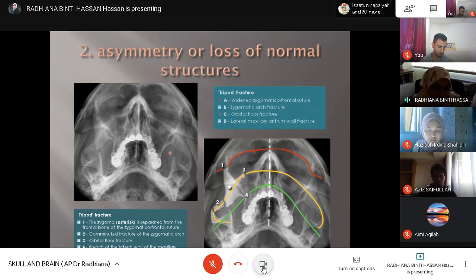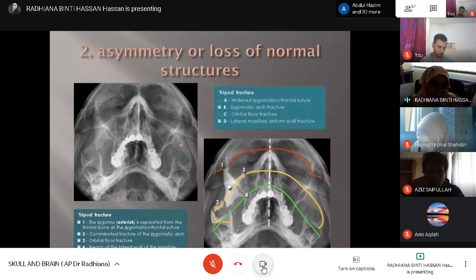But if you know the indication, for example, this view is specifically done to look at the facial bones and the paranasal sinuses. So you must concentrate on findings related to the facial bones and the paranasal sinuses.